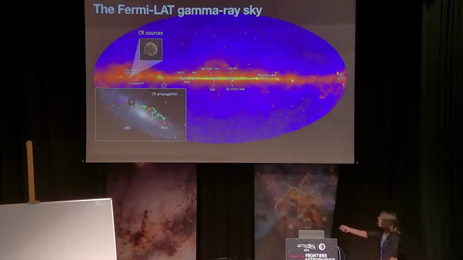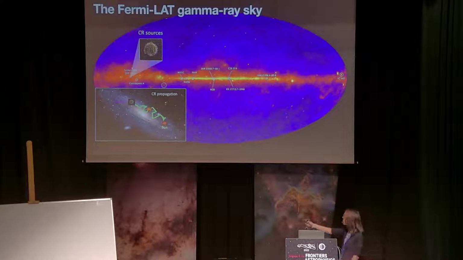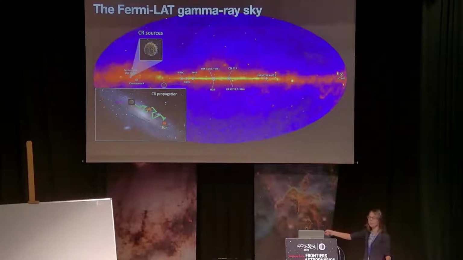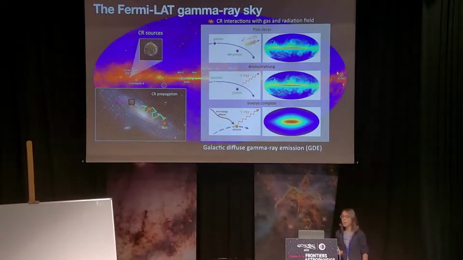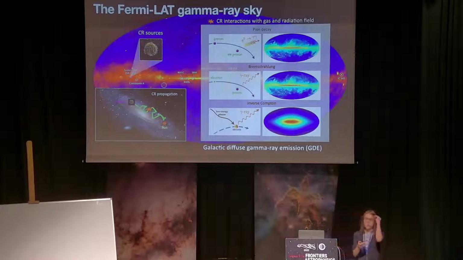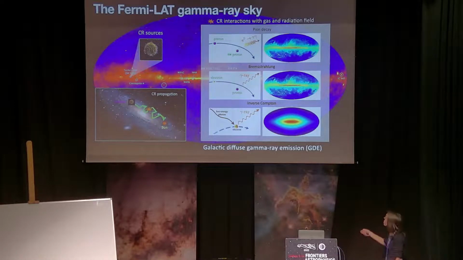And those protons and electrons travel, deviated by diffusive transport within the galaxy by feeling the magnetic field. And before they reach Earth, for example, before they reach the AMS instrument, they can interact with the interstellar medium. If they do so through either catastrophic losses or continuous losses, they produce photons.